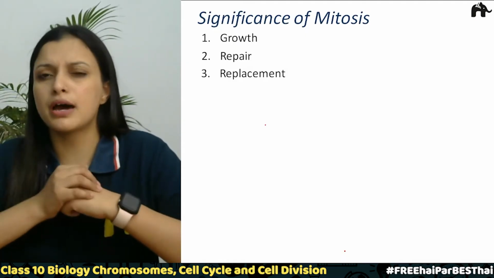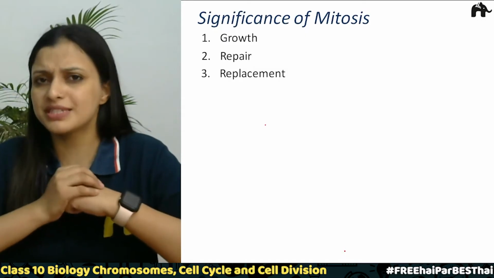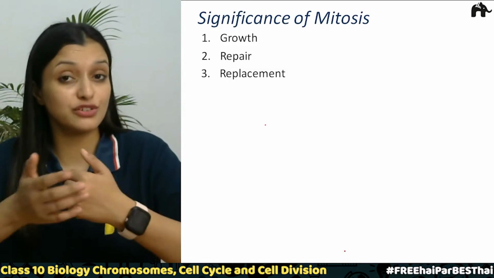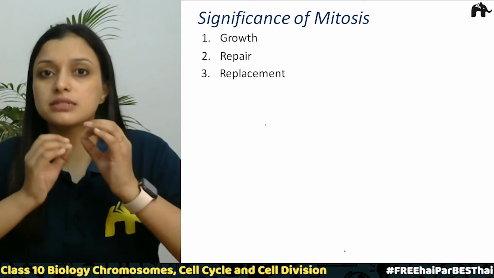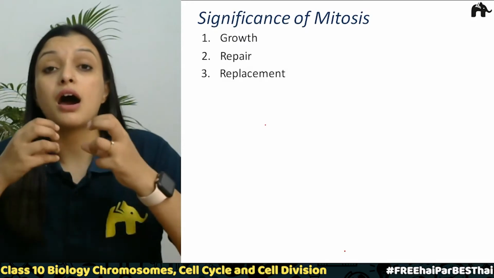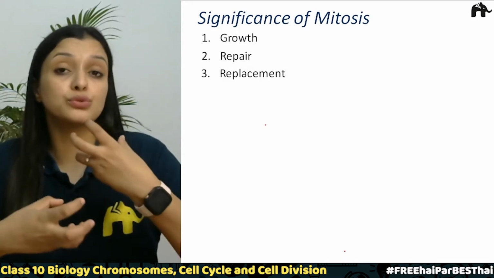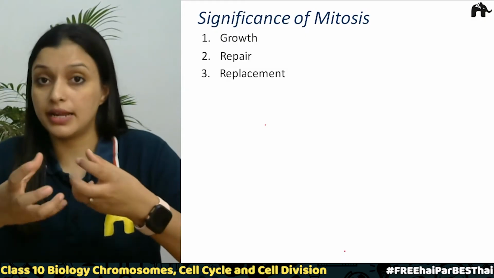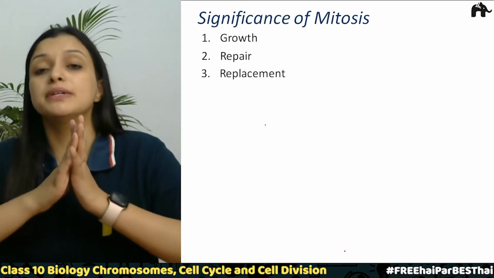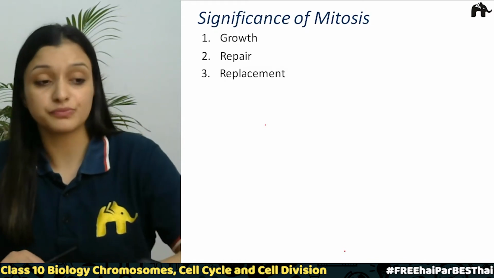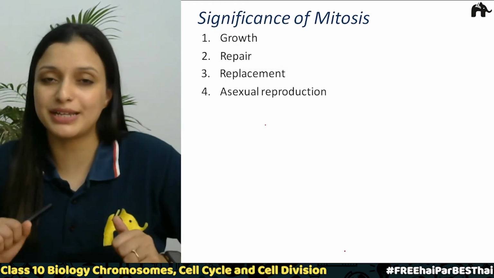Now we know about RBCs, how important these RBCs are to us. They have hemoglobin which carries oxygen, right? These RBCs have a very short lifespan, and our body needs to renew and replace them after every few hours, right? So the replacement also happens by the cell division called mitosis.